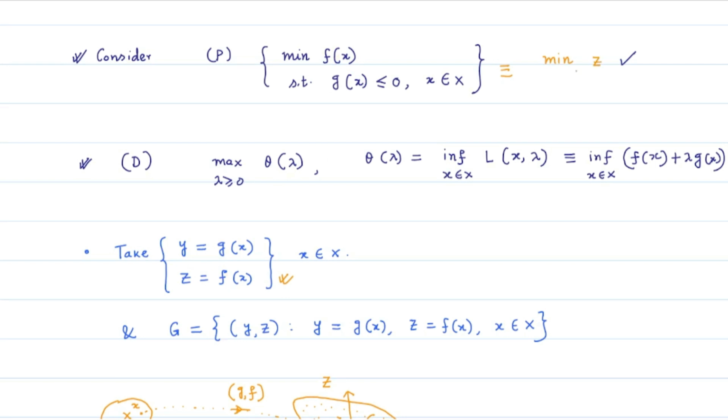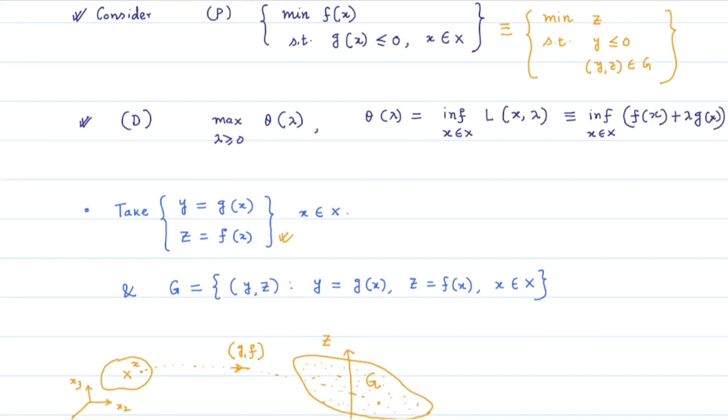So minimization of z subject to g(x) less than or equal to 0 is nothing but y less than or equal to 0, and small x belonging to capital X essentially gives us that (y, z) belongs to the set capital G. So in terms of the new variables z and y, the primal problem is given by this particular problem. When (y, z) belongs to capital G, we are inside of this set. Now we are to find the minimum value of z inside the set capital G when this small y is less than or equal to 0.